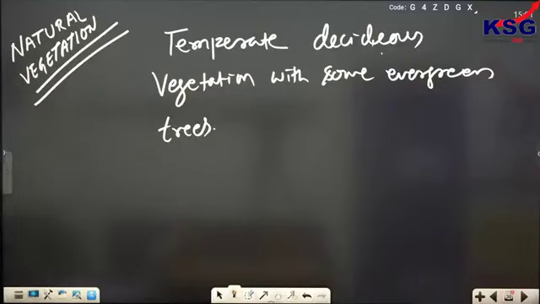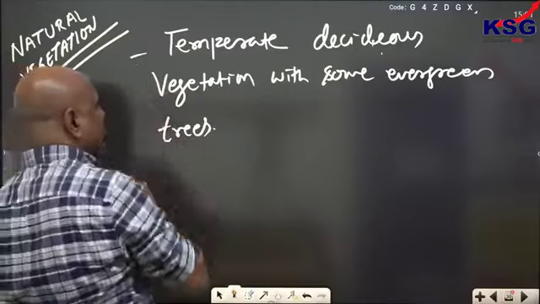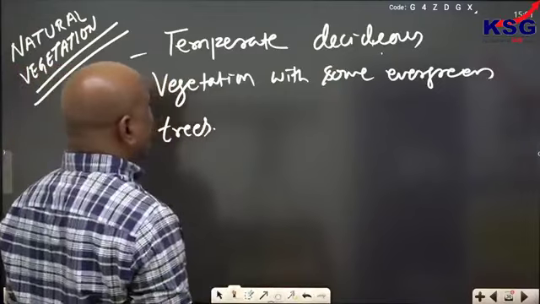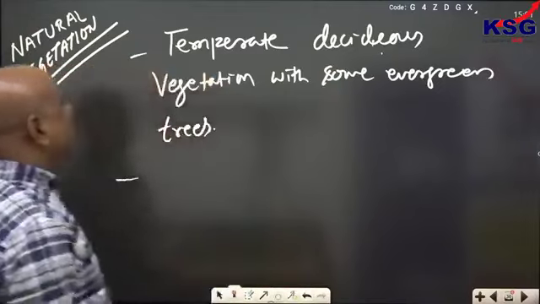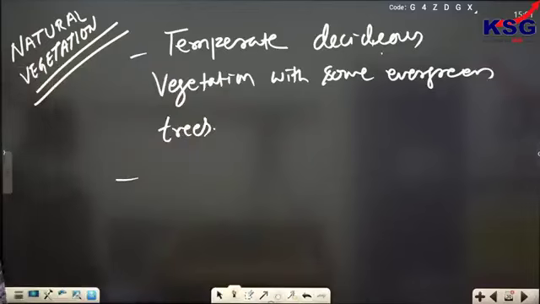कुछ evergreen tree है होगा. Temperate vegetation ज़्यादा होते हैं. Deciduous temperate vegetation you will find. Softwood, we have the softwood here.